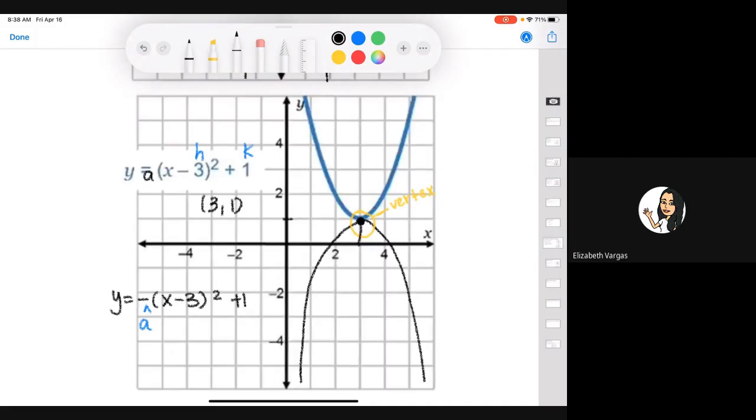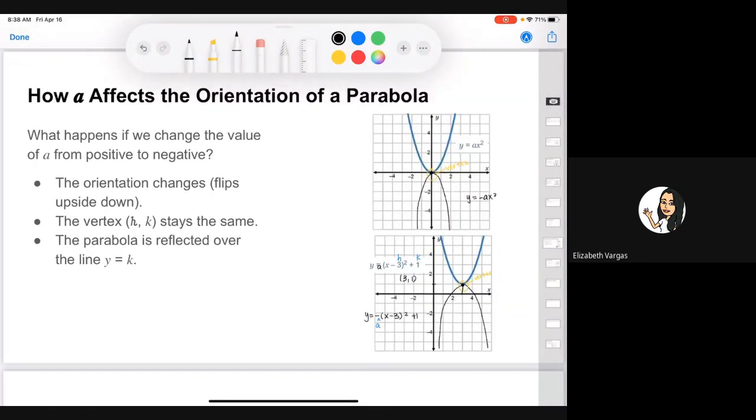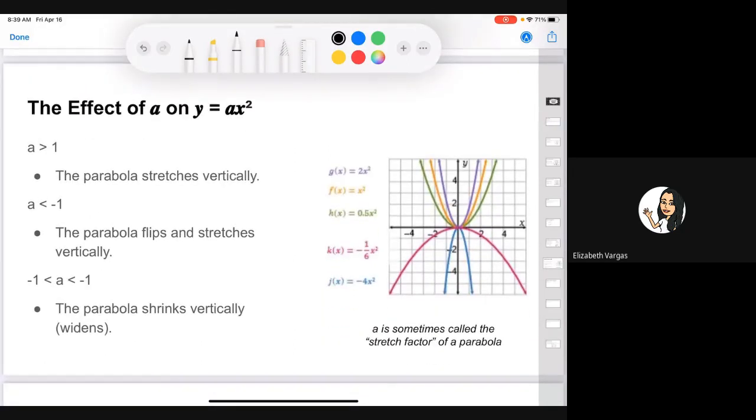So that is our vertex. Whenever we have a negative a, our graph is flipped. Okay. Any questions about this? Questions, concerns? No? Okay.